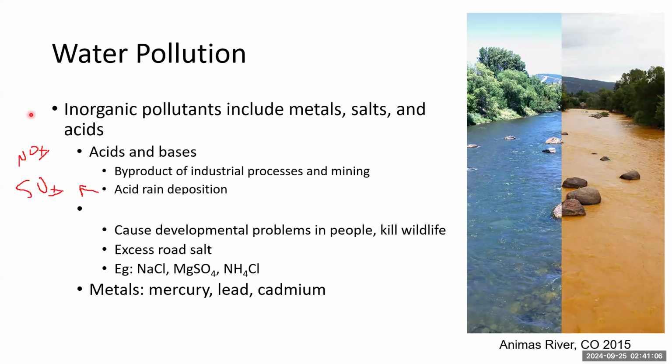Used to be one of those lakes that was considered dead because it had been so acidified by acid rain deposition from coal-fired power plants releasing NOx and SOx into the atmosphere that would then rain down on the lake. The lake had actually reached what we call clear water status, where it had become so acidic that nothing could live in the lake, and so the lake was just like pure clear water that you could see all the way down.